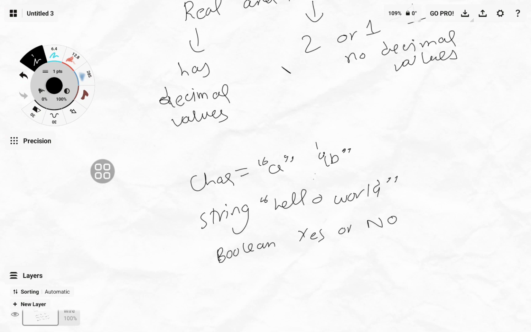Data type itself is the type of information put into our algorithm that will be processed, and it will be processed according to what type of data type it is, if you know what I'm saying. Identifiers, now these are variables.